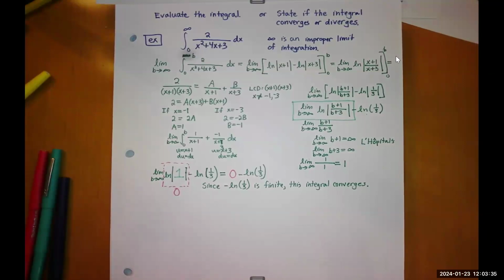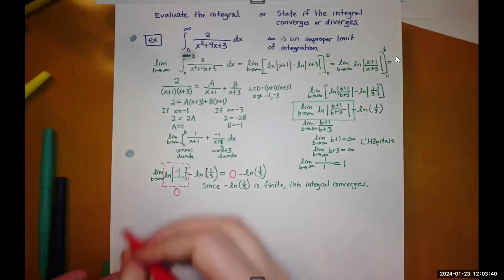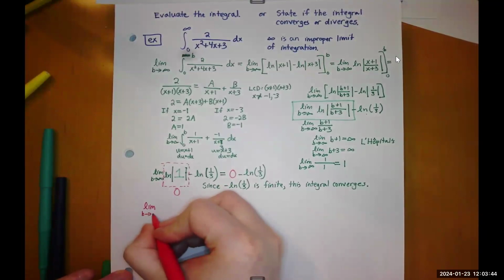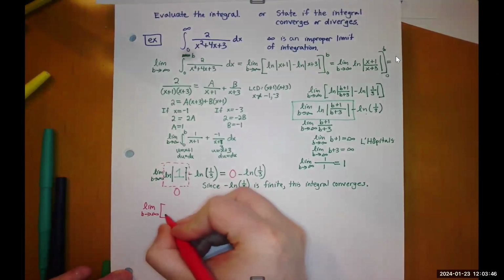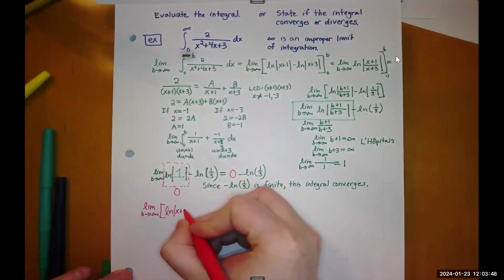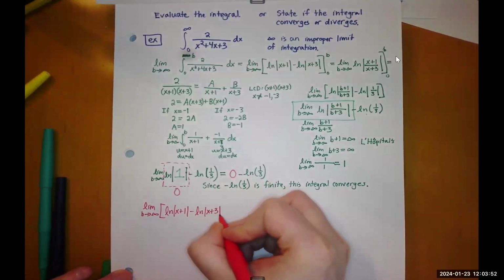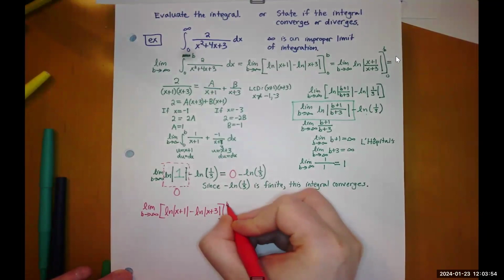So if I go back to the limit as b approaches infinity of the natural log of the absolute value of x plus 1 minus the natural log of the absolute value of x plus 3 from 0 to b.